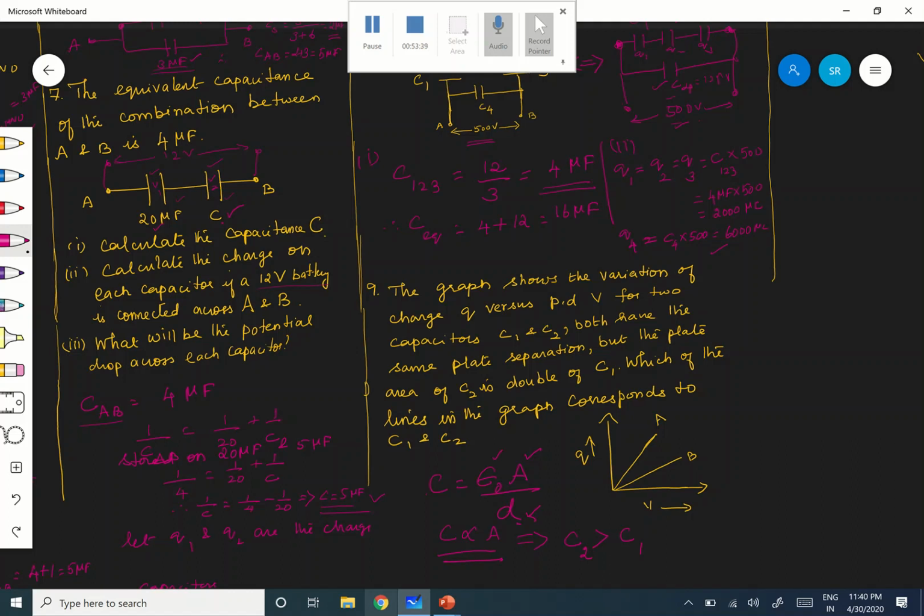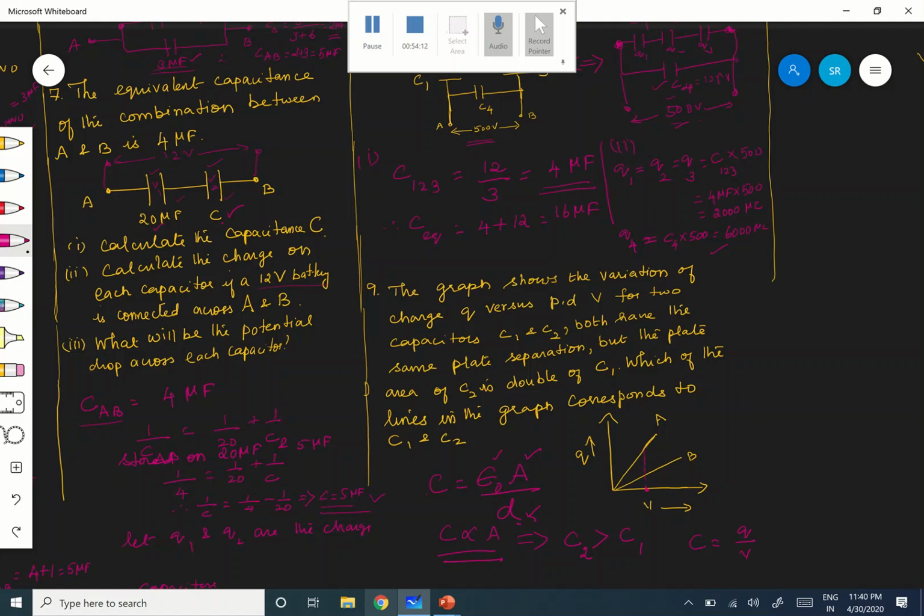Now you come to the graph. Which is having more C? What is C in terms of Q and V? C is equal to Q by V, na? Q by V is nothing but the slope of the graph. Out of this A and B, you take the same V. From one V value, you draw a vertical.